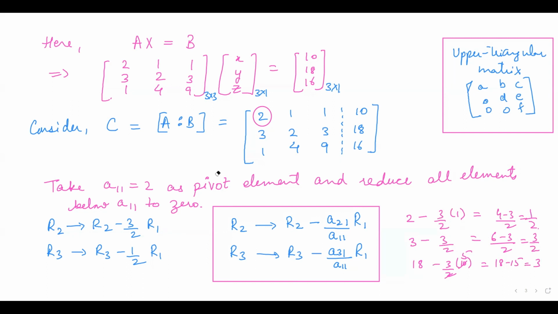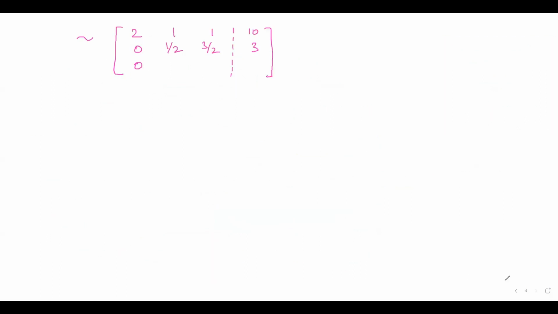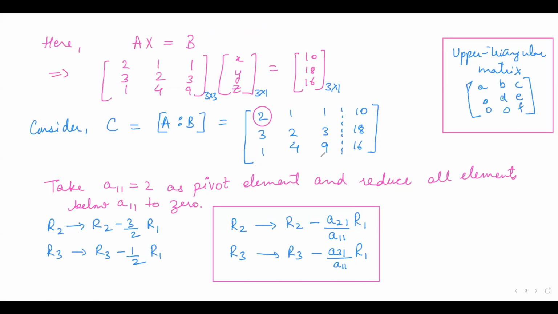Now I'll be finding the elements of the third row. Okay. For the third row, the first element is 0 because we need to make that. Now second, 4 minus half into 1, because this is the element corresponding to the 4. So I am getting here 8 minus 1 upon 2, 7 upon 2.